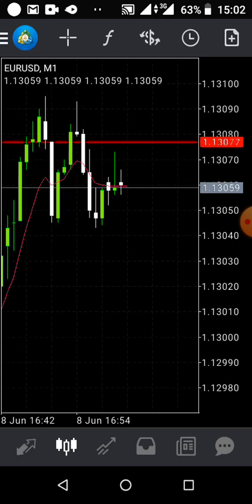Okay, that candle has just closed, and it closed bearish as a 1 minute candle.